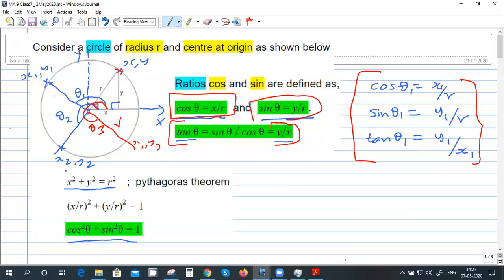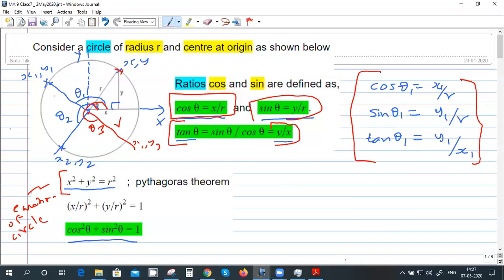And x square plus y square equal to r square. We can use Pythagoras when it's the first quadrant, but in other quadrants, this is the equation of a circle. You know the circle equation? You will learn circle later. Okay, no problem. So just take this as sine square plus cos square equal to 1 for all angles, not only in the first quadrant.